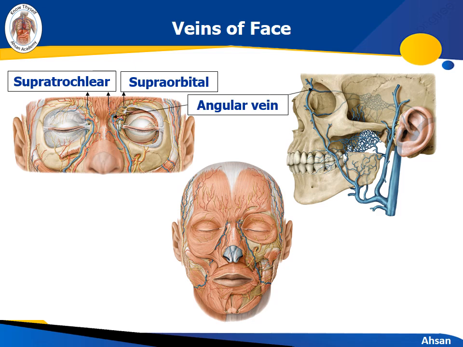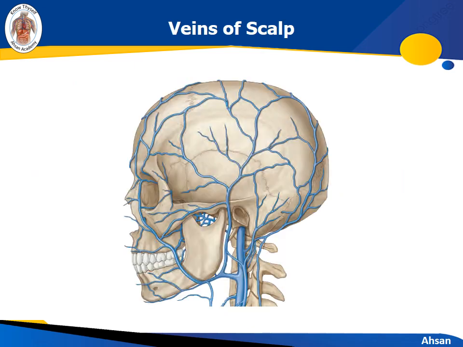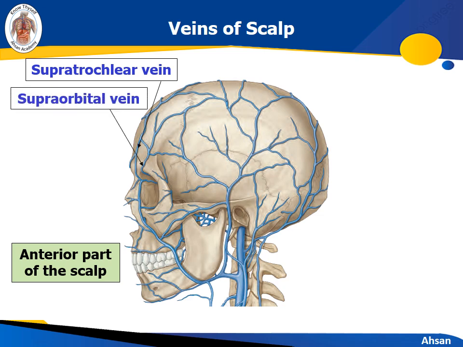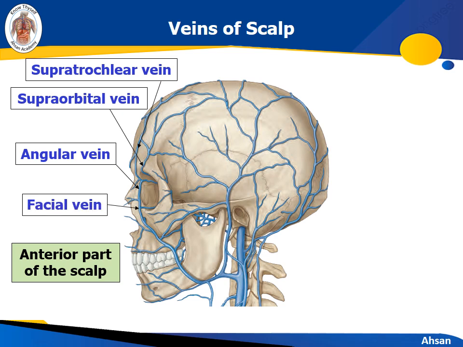You can see this angular vein at the medial side of the eye. Here in the anterior view, the supratrochlear and supraorbital veins unite to form the angular vein. This descends downward to form the facial vein, and the facial vein descends along with the facial artery.